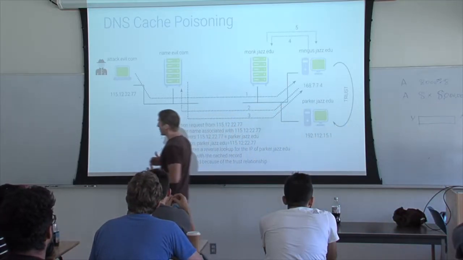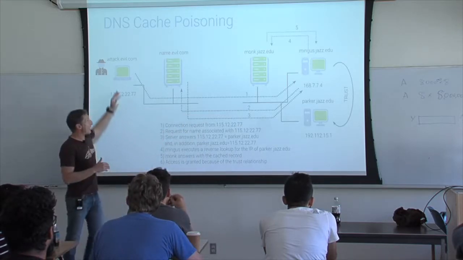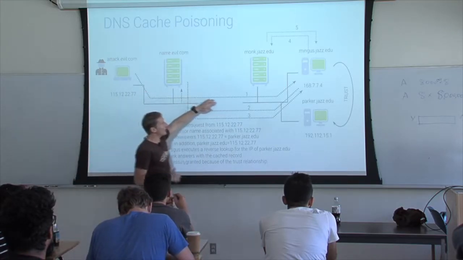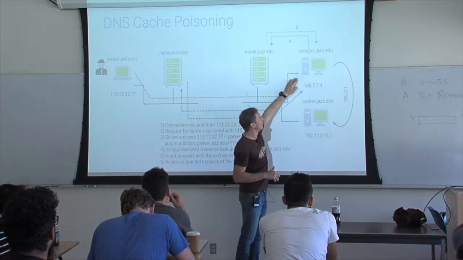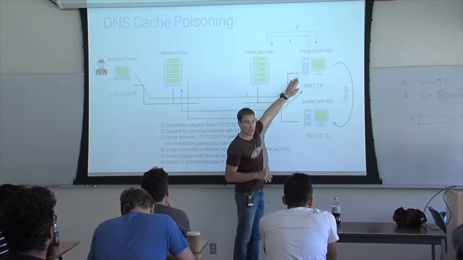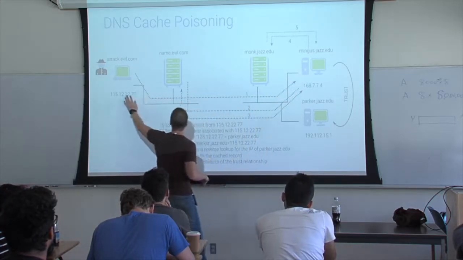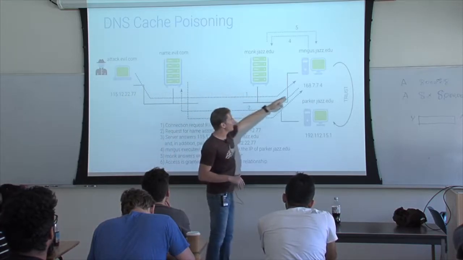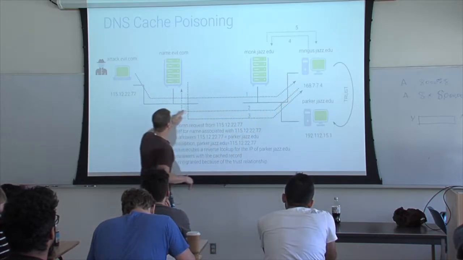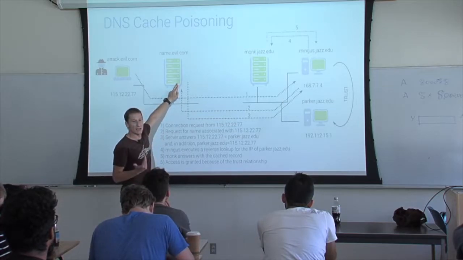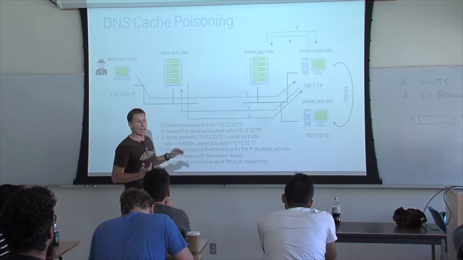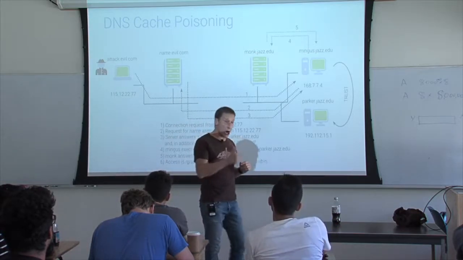So in this case, the bad guy opens a TCP connection to this host, and says, I am this IP address. So the host, like in the previous case, will ask this server, who is this IP address? And this guy will reply, hey, this IP address is Parker.